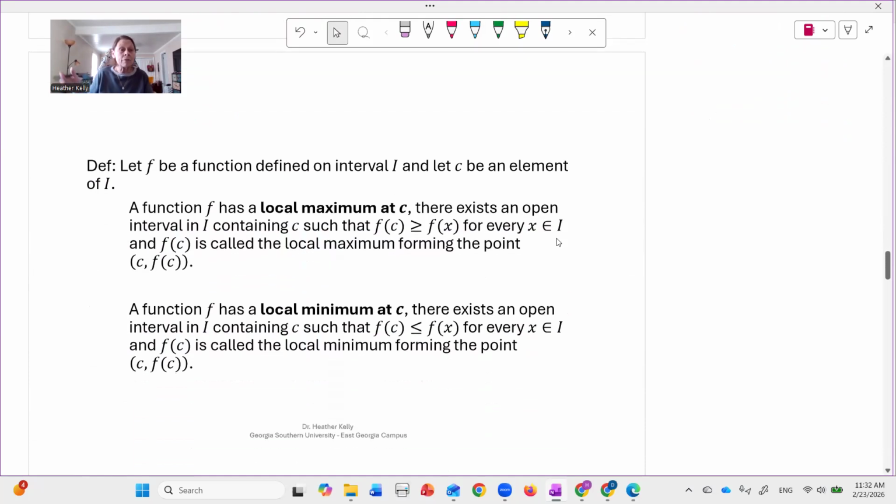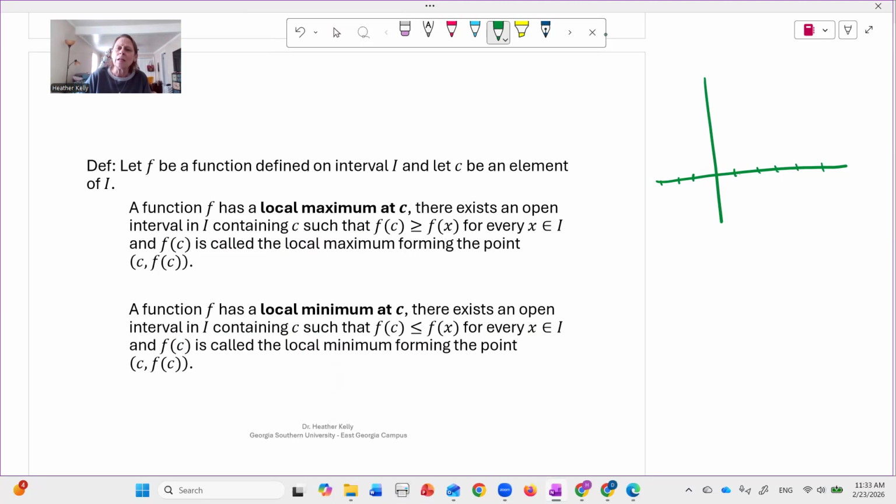All right, more definitions. I told you this was the definition chapter if I've ever seen one. The next definition is let f be a function defined on the interval I, and let c be an element of I. And let me just take a side note and make sure that I'm not losing anyone on that kind of idea. This is the Cartesian coordinate plane, right?